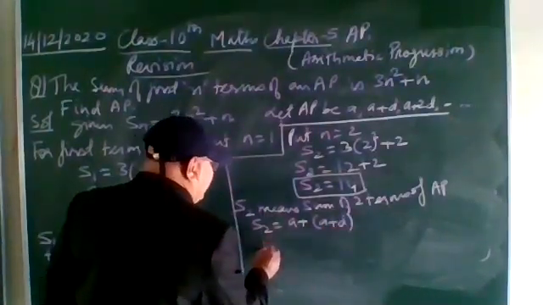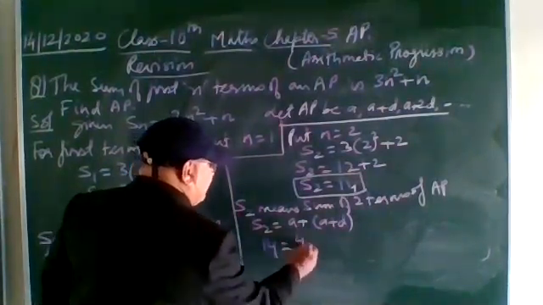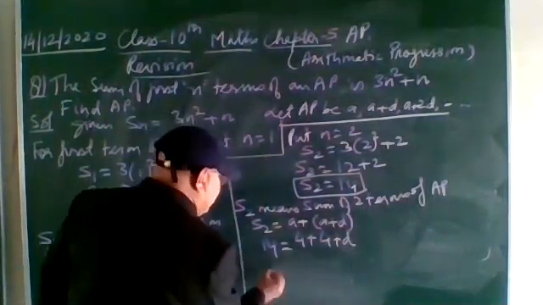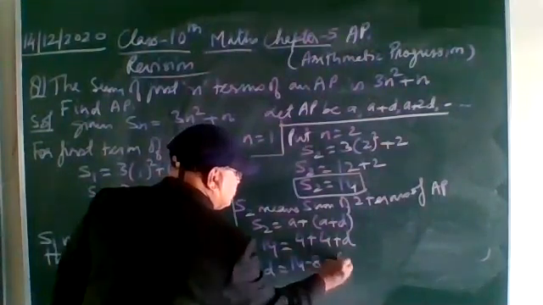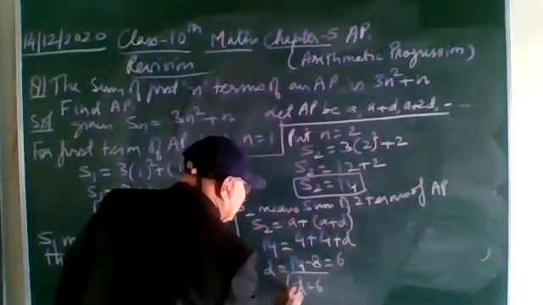So S2 is 14. In place of a, write the value 4, then again 4, then d. So you will get d equal to 14 minus 8 equal to 6. So d equal to 6.